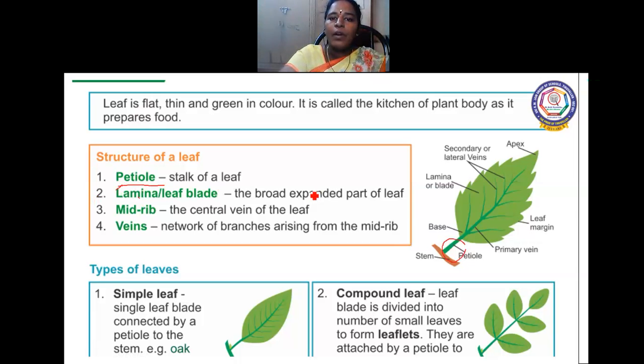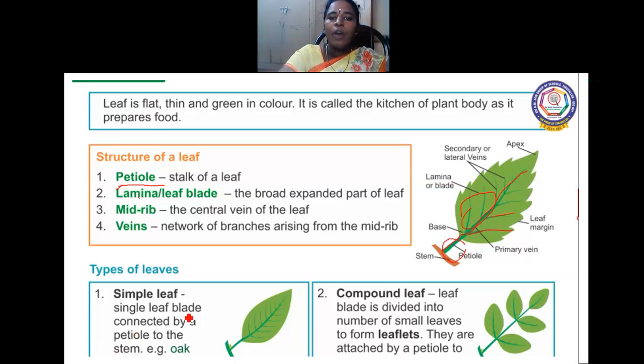Lamina or leaf blade, the broad expanded part of the leaf, is known as lamina. And midrib, that is the center vein of the leaf. Veins, network of branches rising from the midrib.